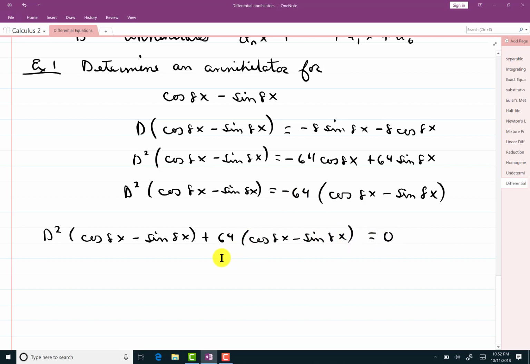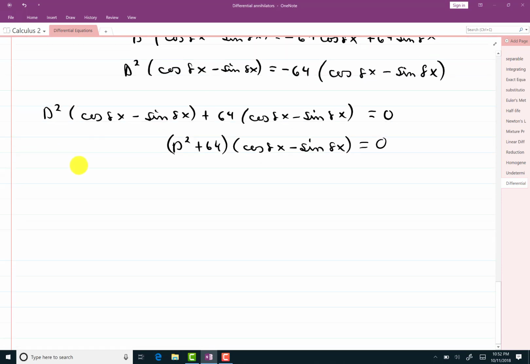You can see then that my annihilator is d squared plus 64. So that's good. You can sort of construct them on an as-needed basis.